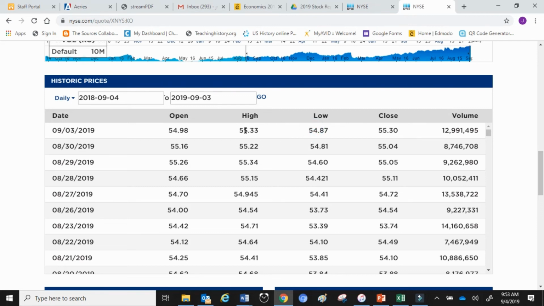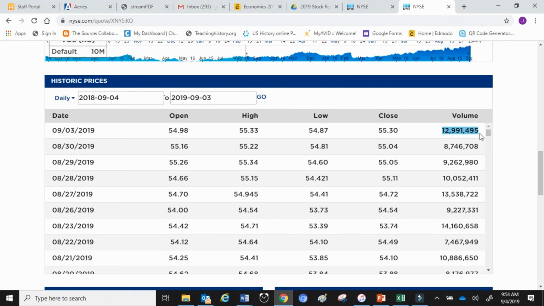Do we care what the low price was? No. So this is the highest the stock traded yesterday. That's the highest price anyone paid. This is the lowest price anyone paid for the stock yesterday. And this is what it closed at. Do we care about its closing price? Yes. So the closing price for Coca-Cola yesterday was $55.30. Cool? All right. Now the last column is just kind of fun information to have.